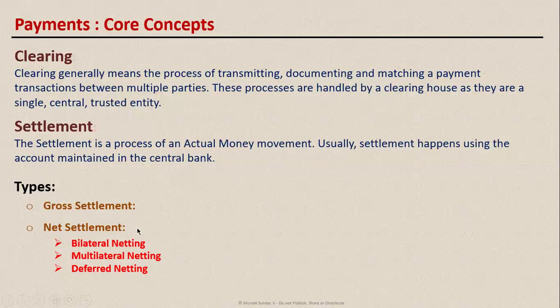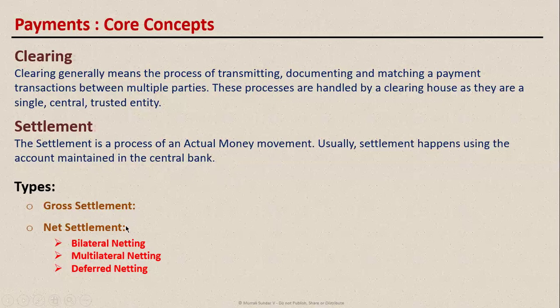It will collect all the transactions and calculate the final number, who has to give what. The calculation and obligation part will be done by the clearing, and it will produce the final number and send it to the settlement system. The settlement system simply debits the money, whatever clearing sends to it, from the sender bank and credits it to the receiver bank. That's all it will do.